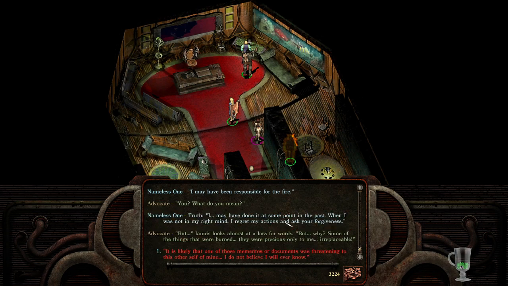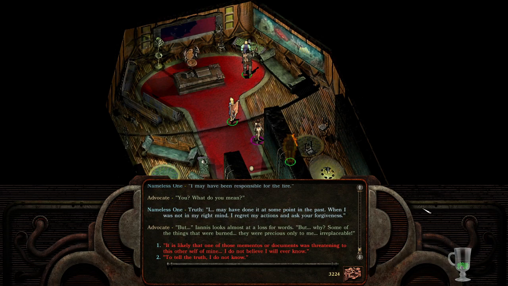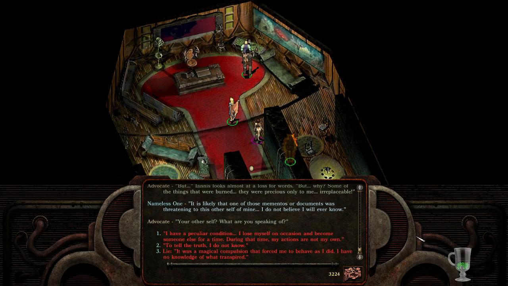Yeah, maybe. But Ines looks almost at a loss for words. But why? Some of the things that were burned, they were precious only to me, irreplaceable. It's likely that one of those mementos or documents was threatening to this other self of mine. I do not believe I will ever know. Other self? What are you speaking of? I feel a condition. I lose myself on occasion and become someone else for a time.